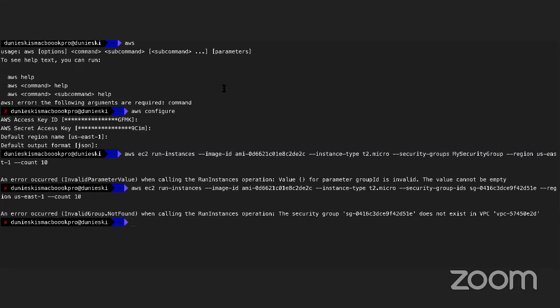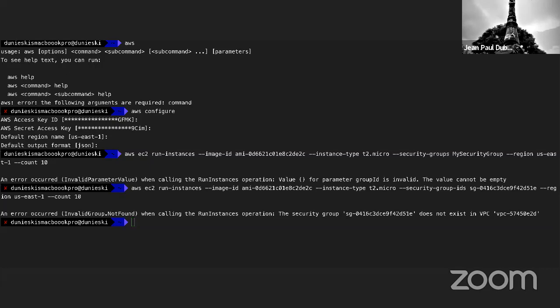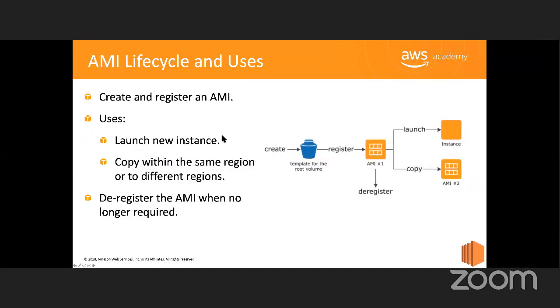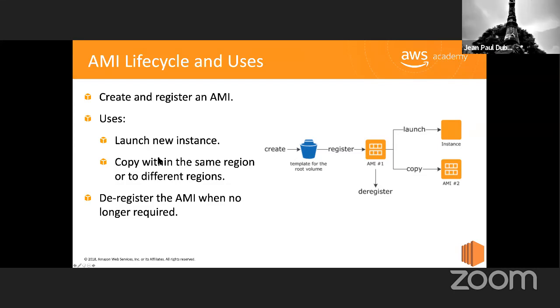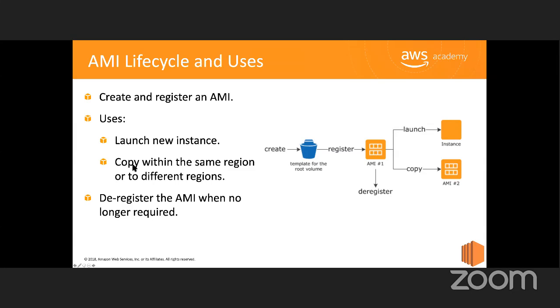Okay. So are you able to see my screen? Yes. All right, let's continue. What you have to do when you want to create and register an AMI is make a copy of that AMI from the EC2 instance. Just right click, and there's a section that says copy AMI, and then you can create that.